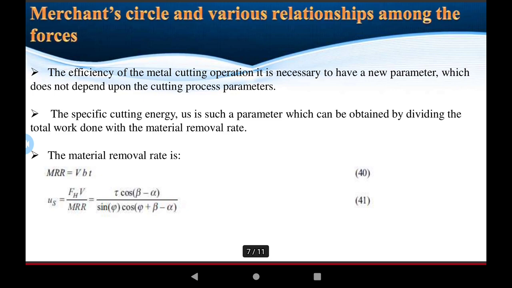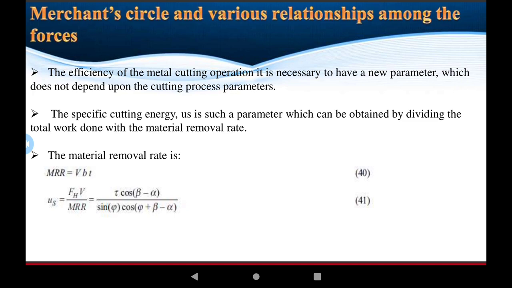For the Merchant circle, also for the efficiency of the metal cutting operation, it is necessary to have a parameter which does not depend on the cutting force parameters. The specific cutting velocity is also perpendicular, which can be obtained by deriving the total work for this metal removal process. The material removal rate is the MRR, metal removal ratio.